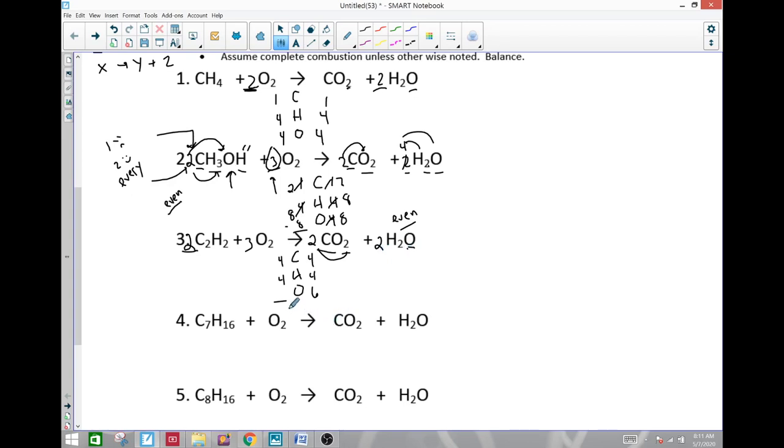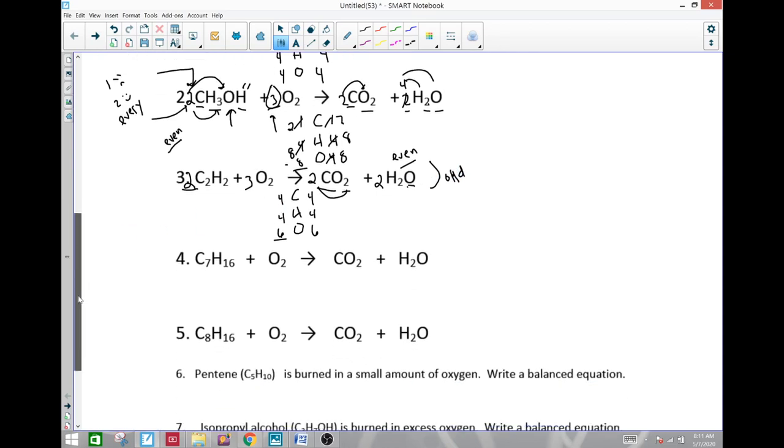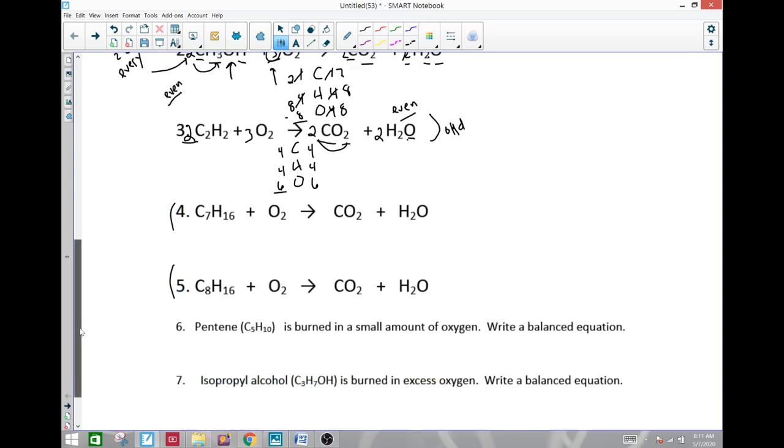That did help us there because it avoided the odd number. This side over here would have been odd this time if I had left it as it was, but that's fine. I wouldn't suggest always doing that. Next one. You can check the PDF on the last two. Try those on your own.